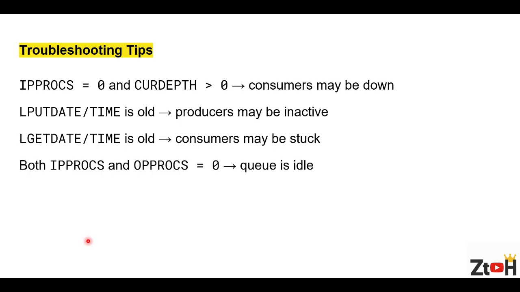When LGET date or time is old, the consumer may be stuck or inactive. When both IPPROCS and OPPROCS are 0, there is no transfer of messages in the queue and the queue may be idle.